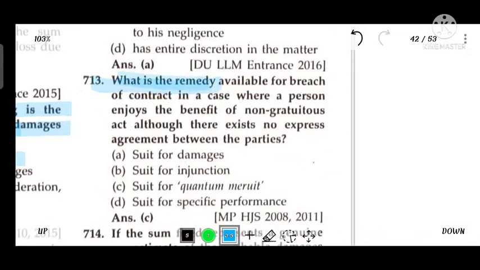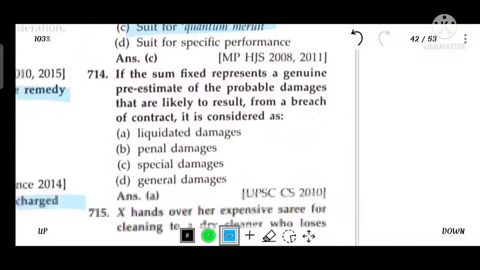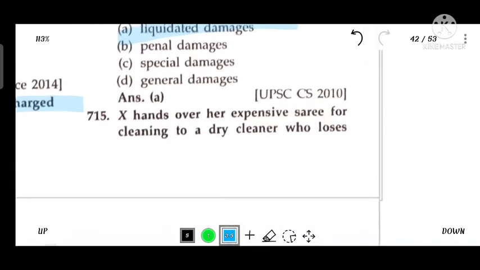What is the remedy available for the breach of contract where a person enjoys the benefit of a non-gratuitous act although there is no express agreement between the parties? Suit for quantum meruit. If the sum fixed represents a genuine pre-estimate of the probable damage likely to result from breach of contract, it is considered as liquidated damage.